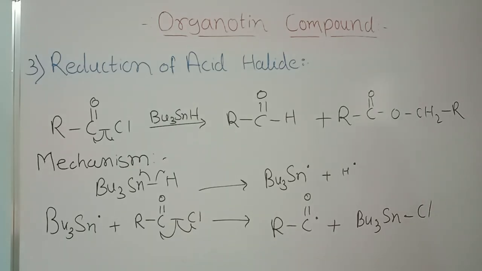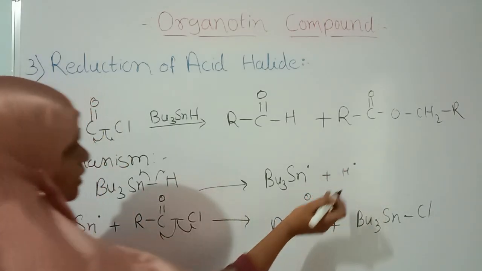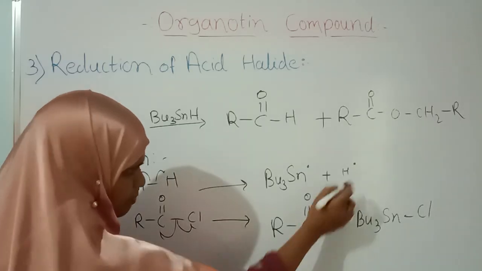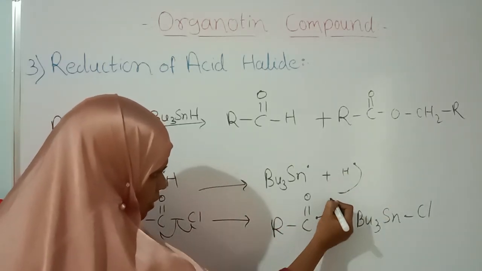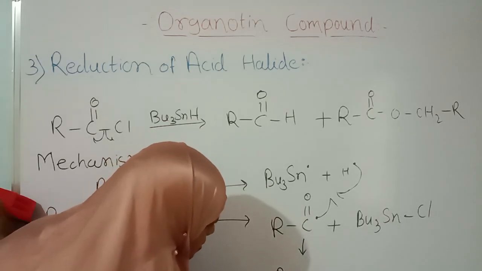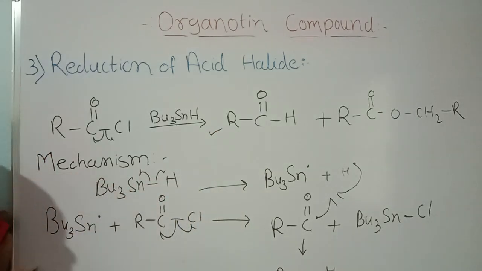Okay, what happened in the next step? In the first step, your hydride radical or hydrogen radical forms a bond between this and this. Then we get aldehyde RCOH. Okay, we get this first one.